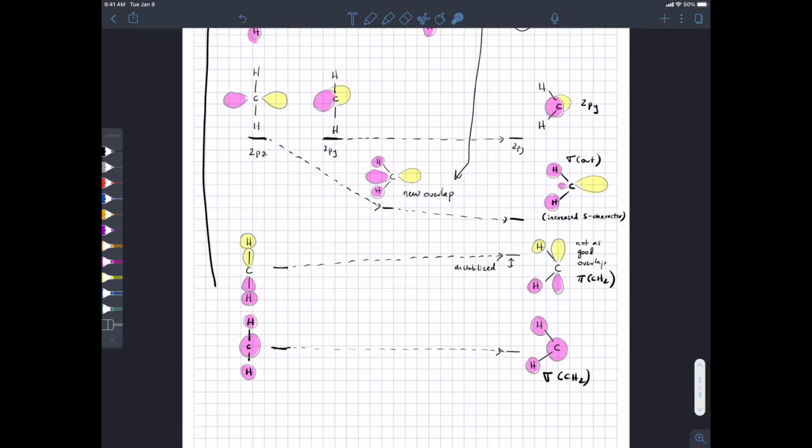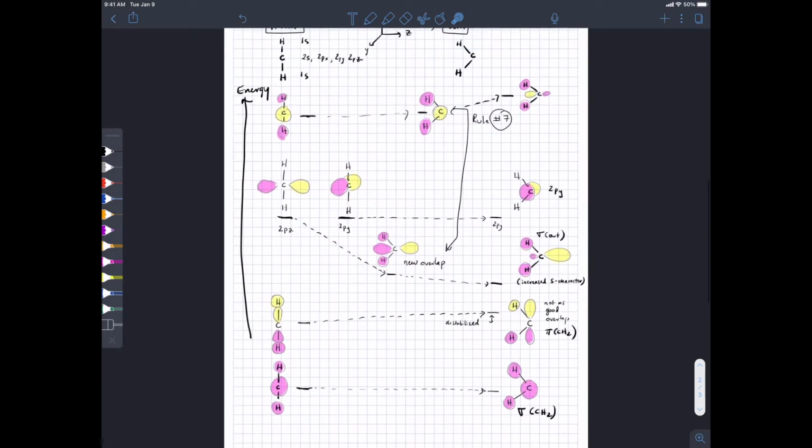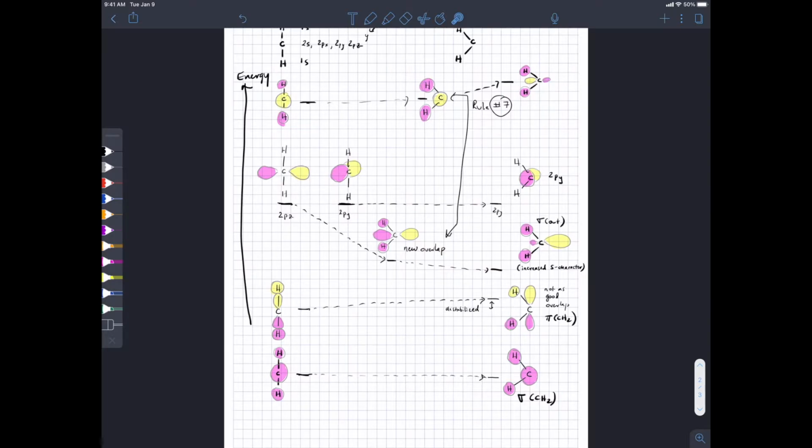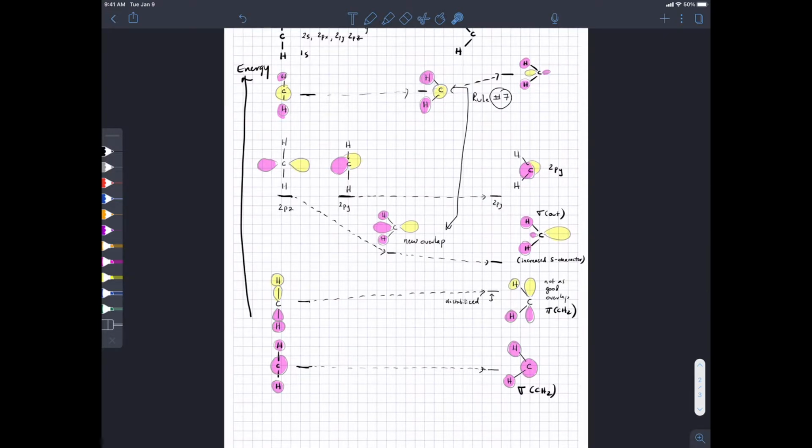So here are our 4 orbitals for bonding. Now, there's a couple of things we could consider here in terms of examples to understand geometry. Let's think about water.